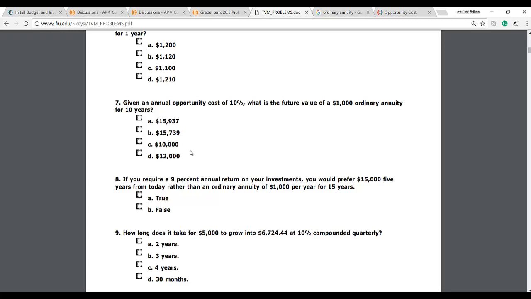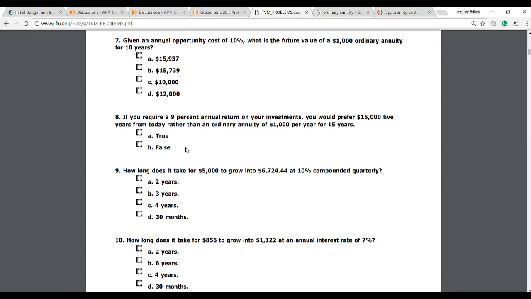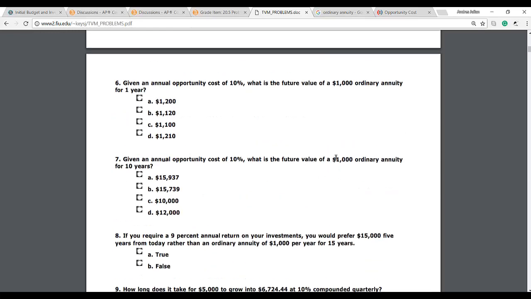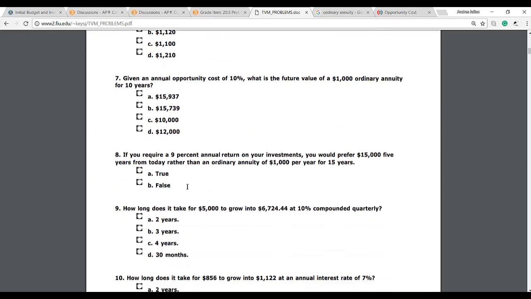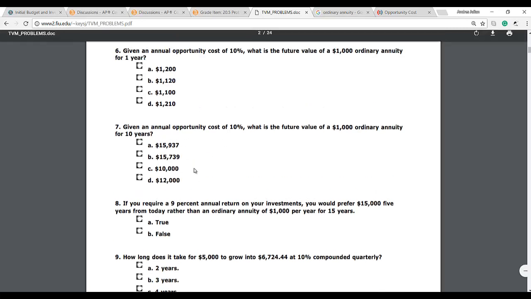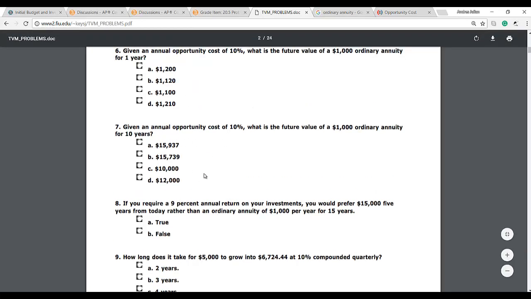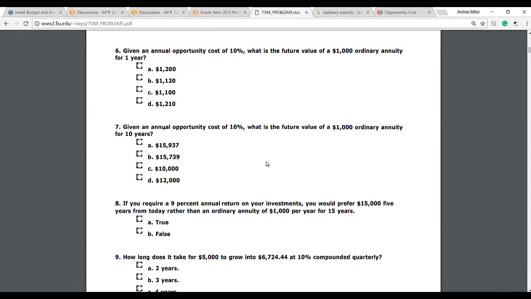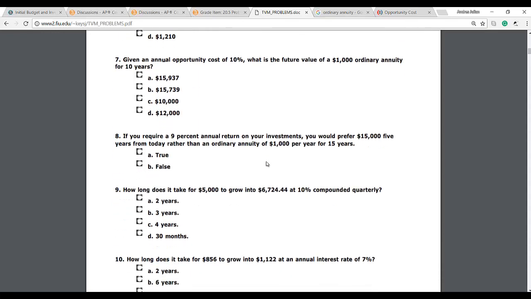Okay, that is a little bit different. Making deposits will help a lot. If we make a comparison between just letting the money sit there and actually investing every month or every year, you will see the difference.